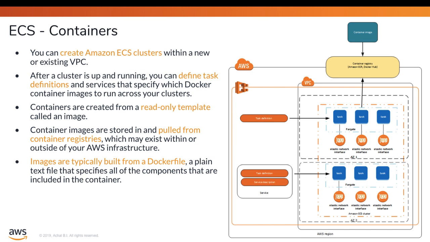You could use either one of them to pull the container images. Images are typically built from a Dockerfile, a plain text file that specifies all the components that are included in the container.